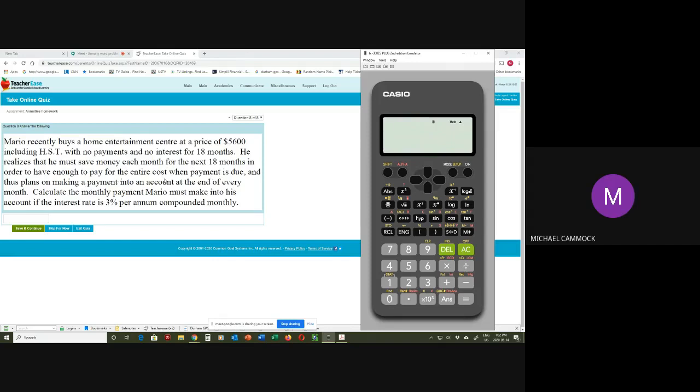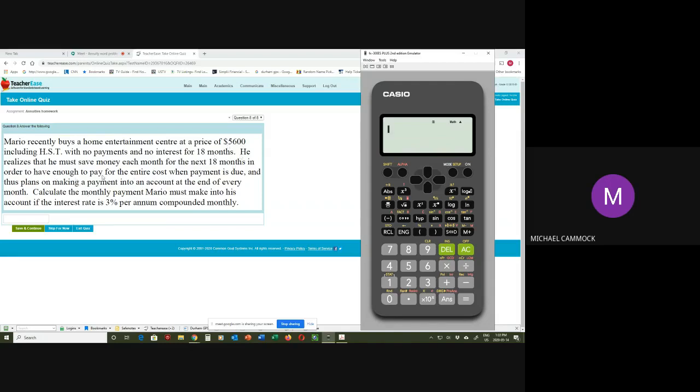All right, so put yourself in that position. You just bought something, you haven't paid for it yet. They didn't ask you to give any money right away. They said in 18 months, you can pay us for the stereo then. The interest rate he can get on an investment is 3% compounded monthly. And he wanted to be able to come up with the $5,600 in 18 months to be able to pay for this.